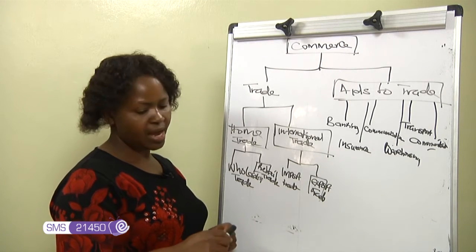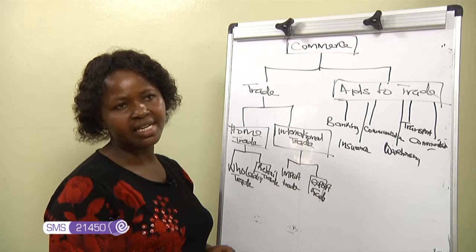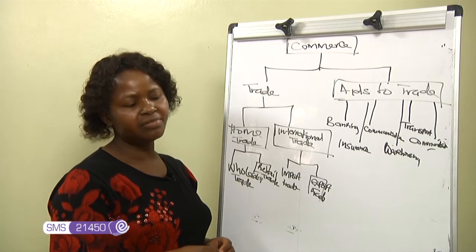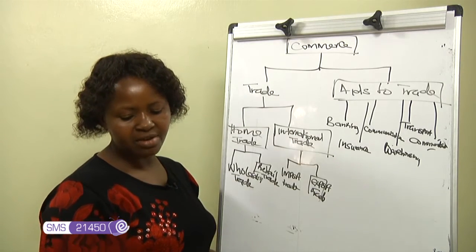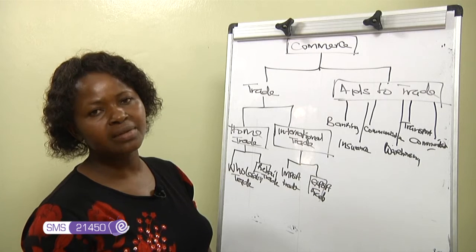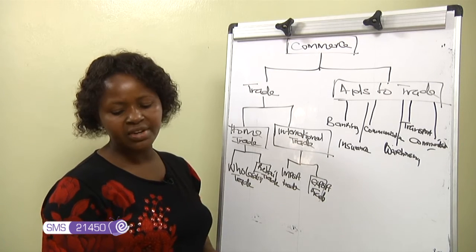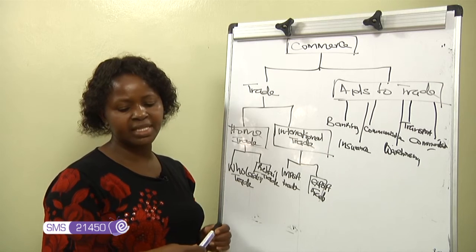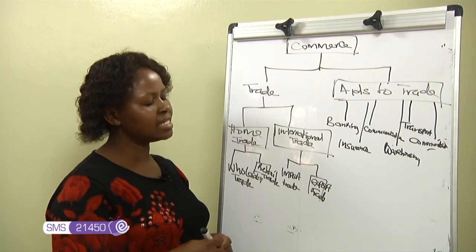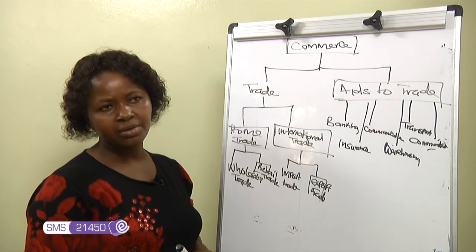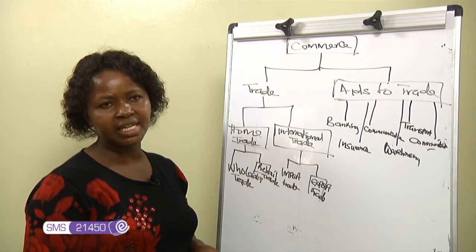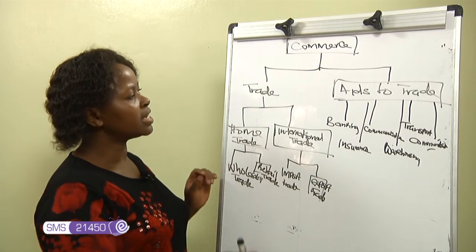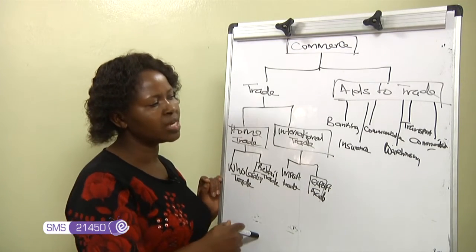Entrepreneurship is a branch of business studies that involves identifying a business opportunity and providing the resources required so that you can start a business. And lastly, we have commerce, which revolves around trade and aids to trade.